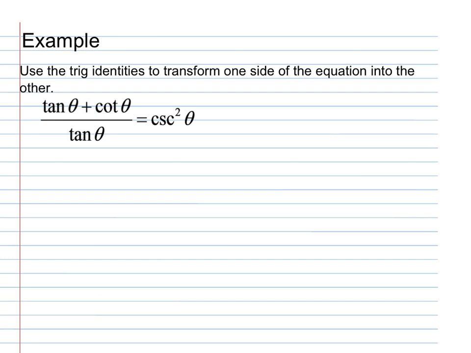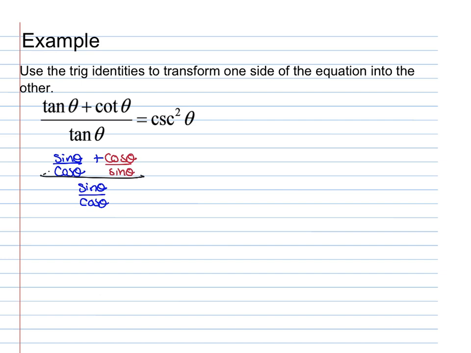So we know that tangent is the same thing as sine of theta over cosine of theta. So I'm changing that. I'm also changing the cotangent to be cosine of theta over sine of theta. All of that over another tangent, which is going to be sine of theta over cosine of theta.